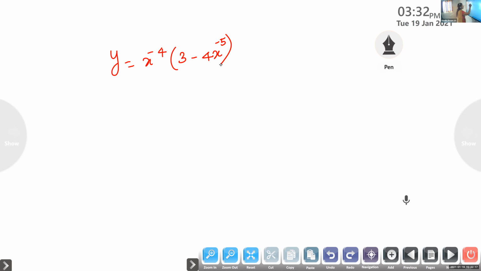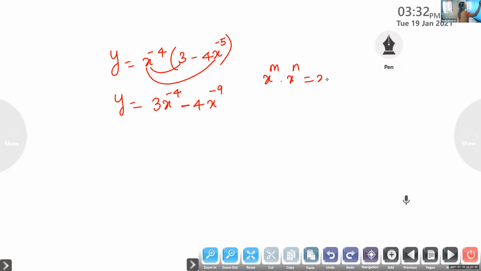So use distributivity and open the bracket. You'll get y is equal to 3x raised to minus 4 minus 4 into x raised to, when you add the powers, minus 9, isn't it? What is x raised to m into x raised to n? It is x raised to m plus n. So here we can write this as 3 into x raised to minus 4 minus 4 into x raised to minus 9.